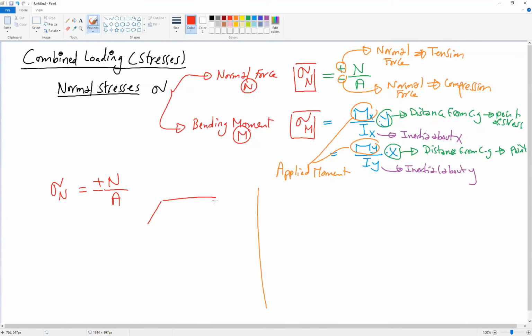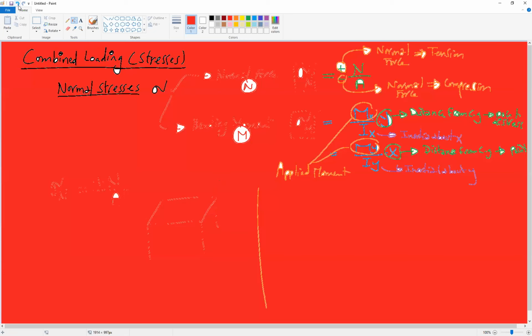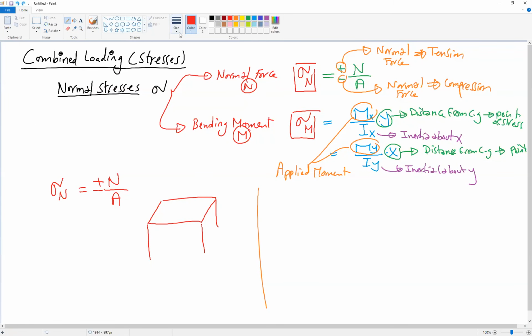If we have a cross section, this is our cross section, and we have an applied force at the CG here, this normal force may be acting, pushing the section, or maybe pulling the section.